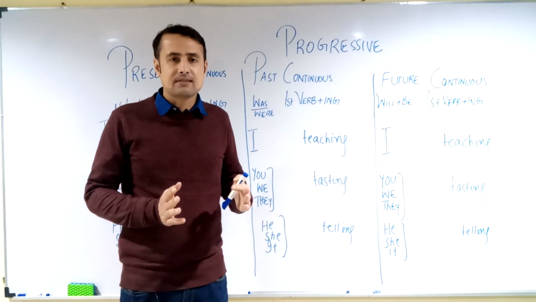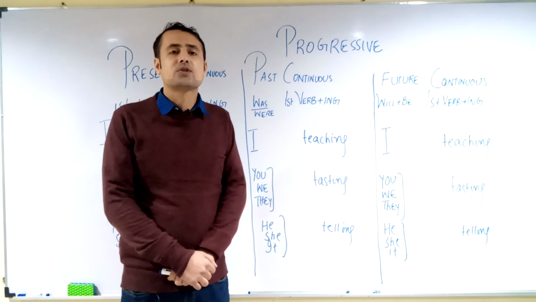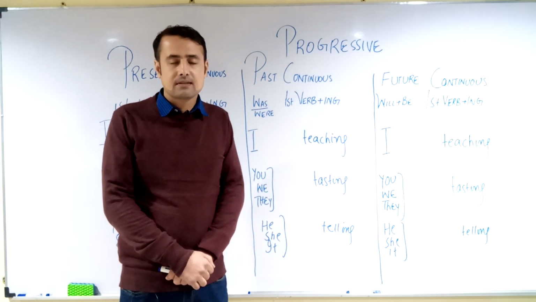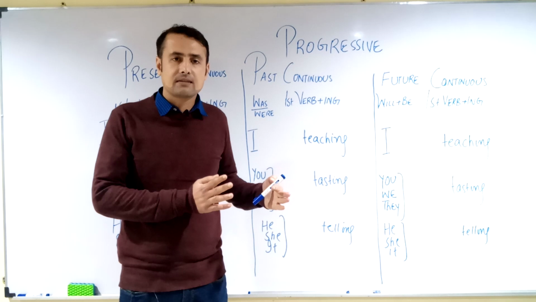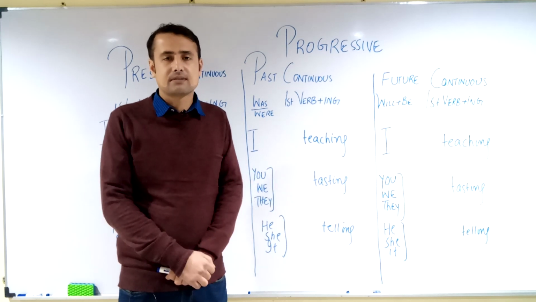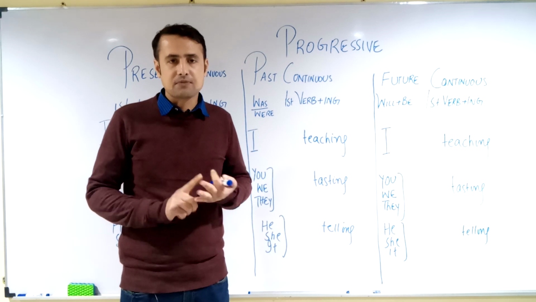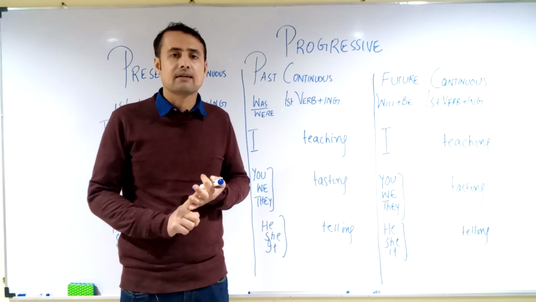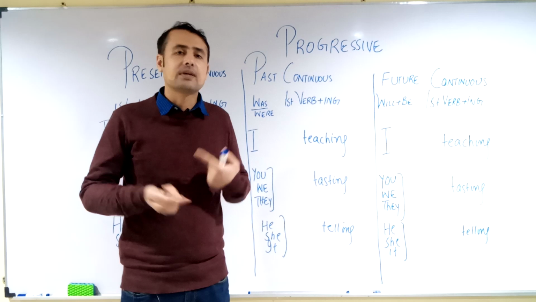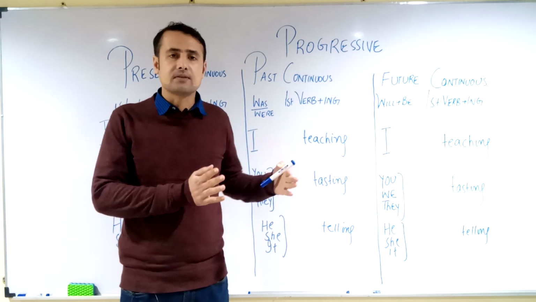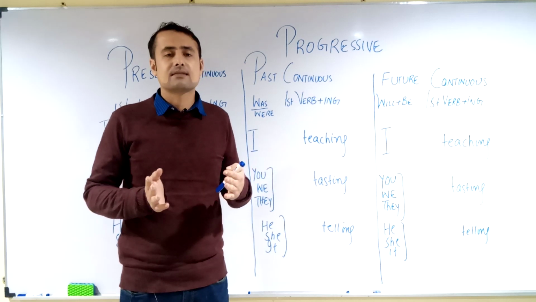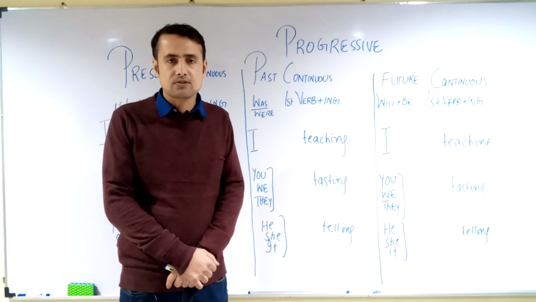In this video lesson, I'll discuss continuous tenses, all three in a single lecture: present continuous, past continuous and future continuous. Why? Whenever we hear about continuous, it means that something is in progress.